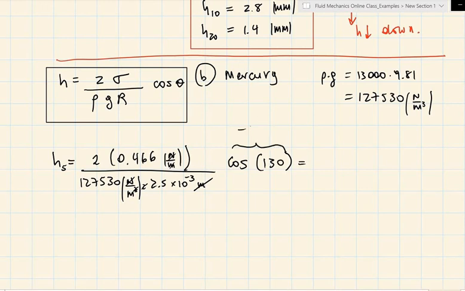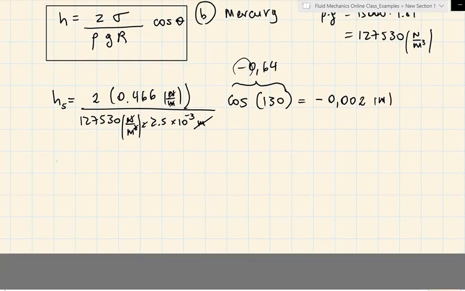So you know that the cosine of 130 is negative, minus 0.64, and the cosine of every angle that is bigger than 90, between 90 and 180, is negative. Remember that. So every time you get an angle of contact greater than 90, you will have a negative number. And this means cohesion is much bigger than adhesion.